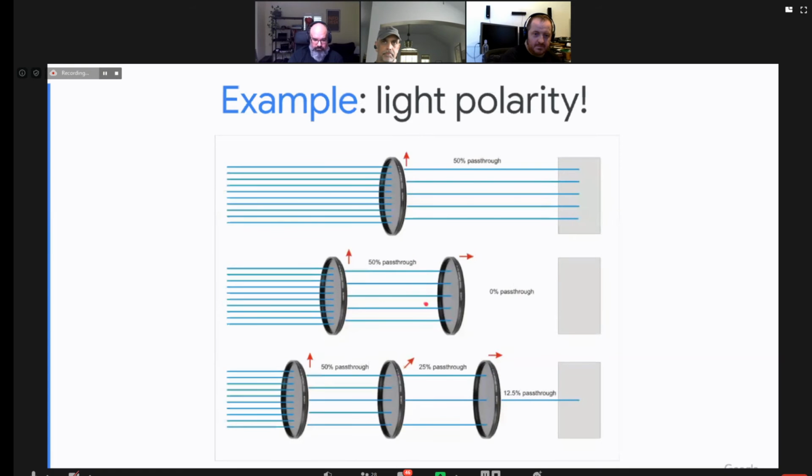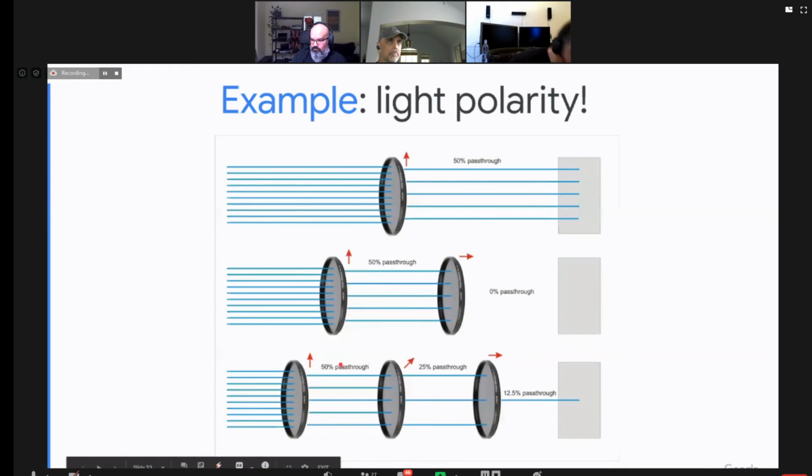So the weird thing here is that adding another filter allows more light to come through. Although these two filters are exactly the same as they were right here, adding an additional filter intuitively should block more than what we were seeing. But adding another filter paradoxically makes it so that more light finally cuts through the last filter. And that's because, in a very real way, performing this new measurement erases all of the information about this photon.